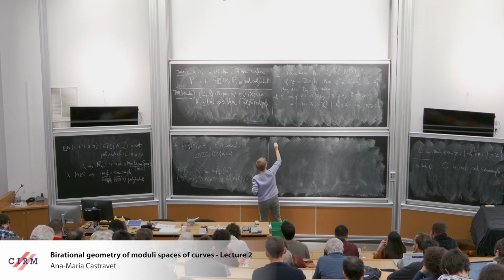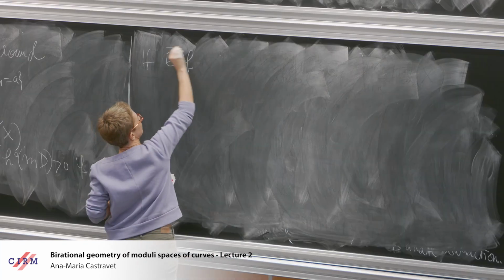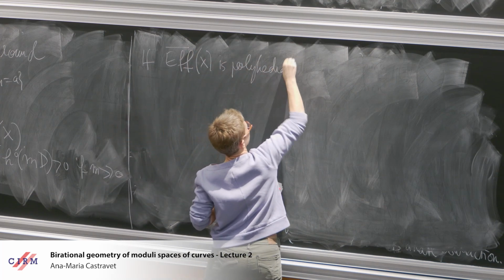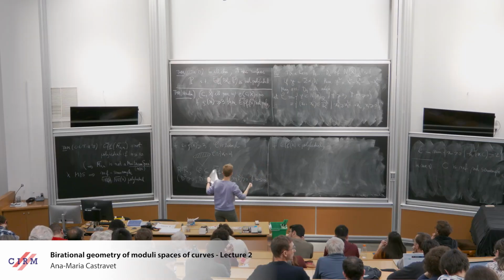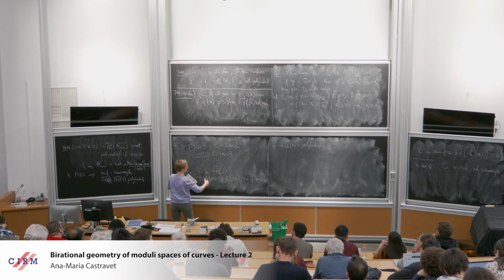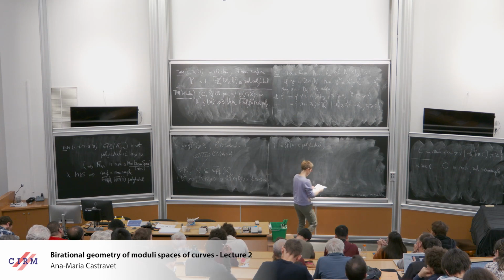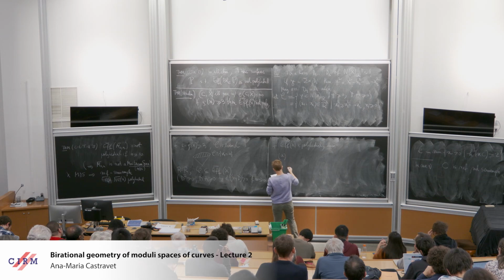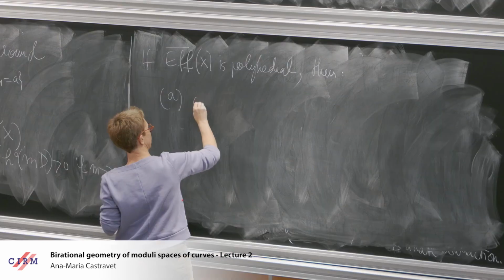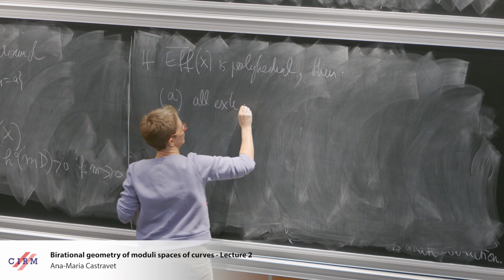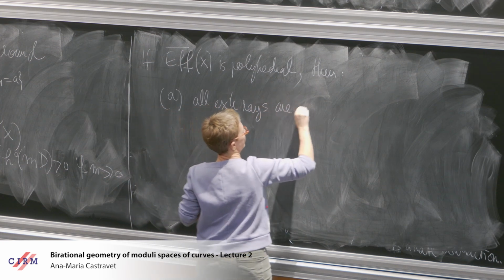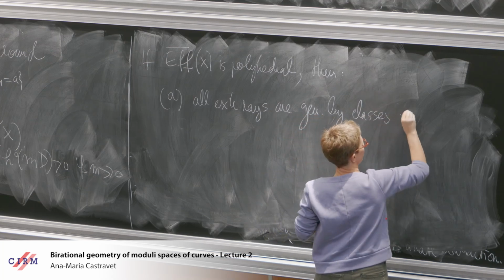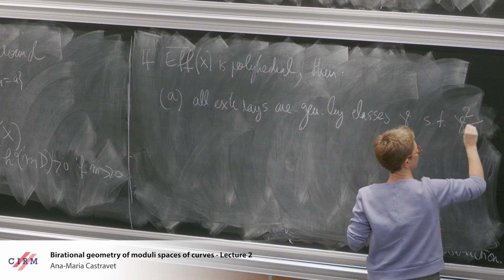So the observation is that if the cone is polyhedral, then the extreme rays will have to be outside this cone. So there are classes with strictly negative intersection. All extreme rays are generated by classes such that the self-intersection is strictly negative.